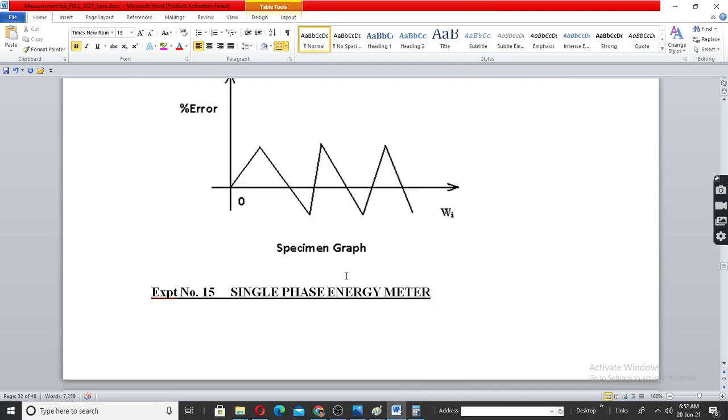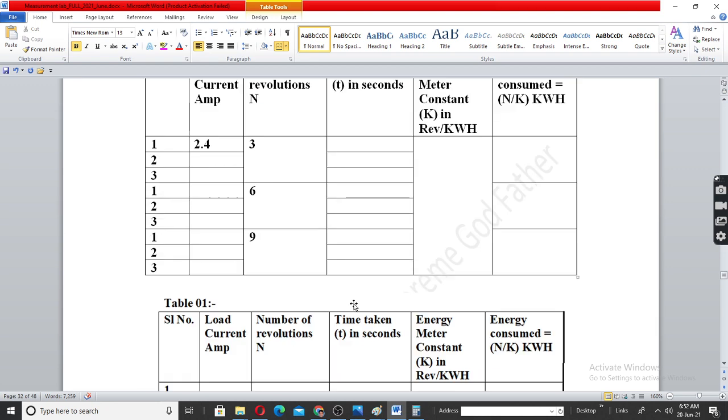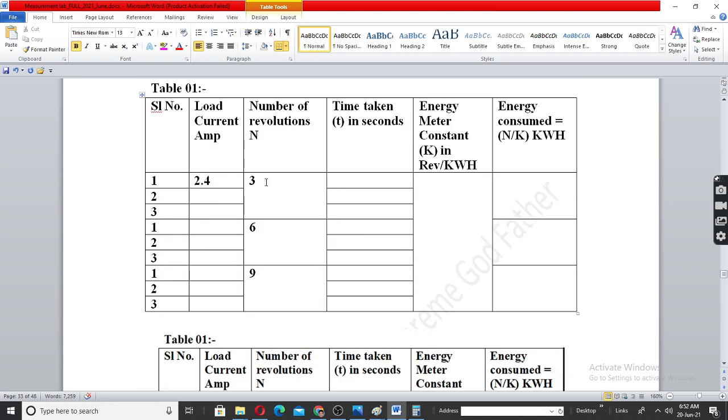Right. So for 3 revolutions, for 2.4 amperes, find the time taken for 3 revolutions. Means for 2.4 amperes load current, how much time it takes for 3 revolutions, you write it here.